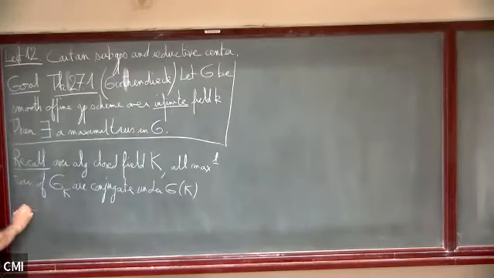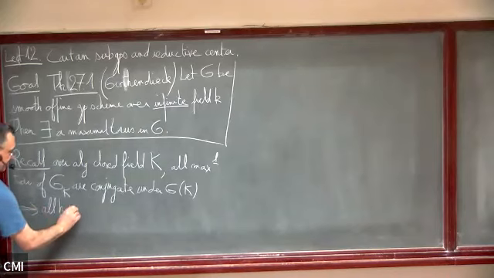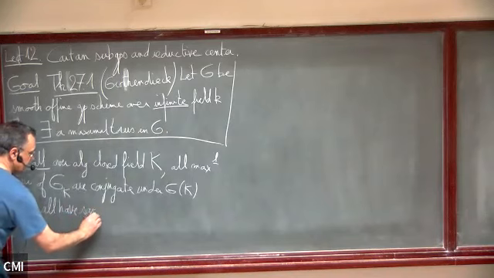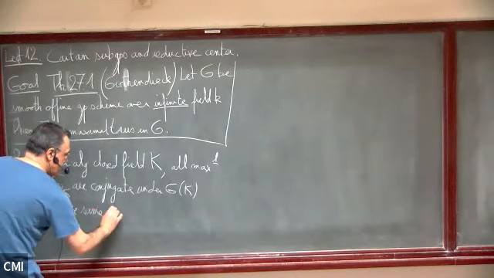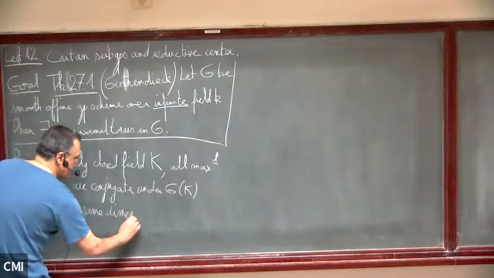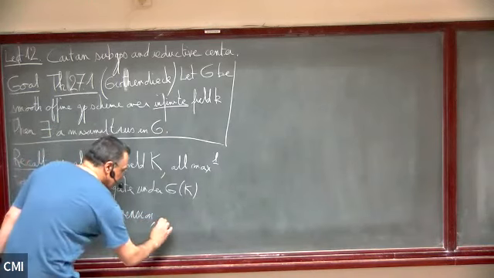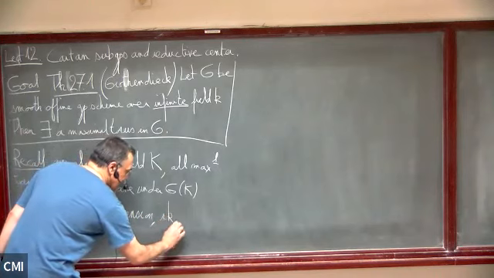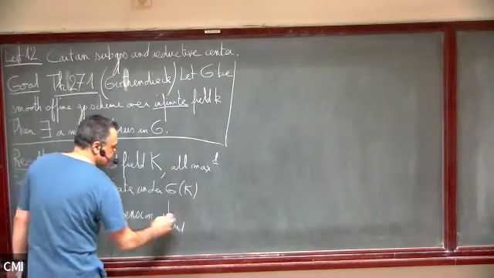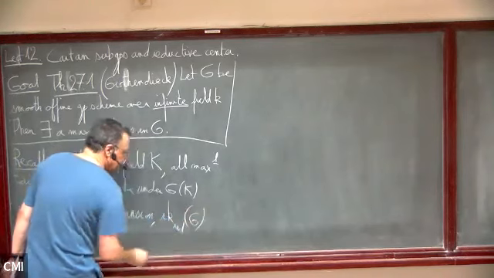And so in particular, all have the same dimension. And this dimension is called the reductive rank.